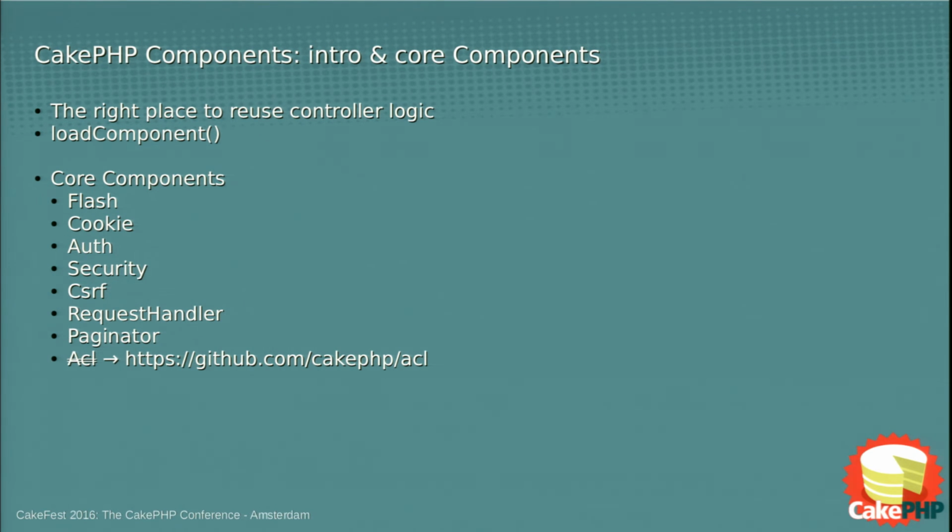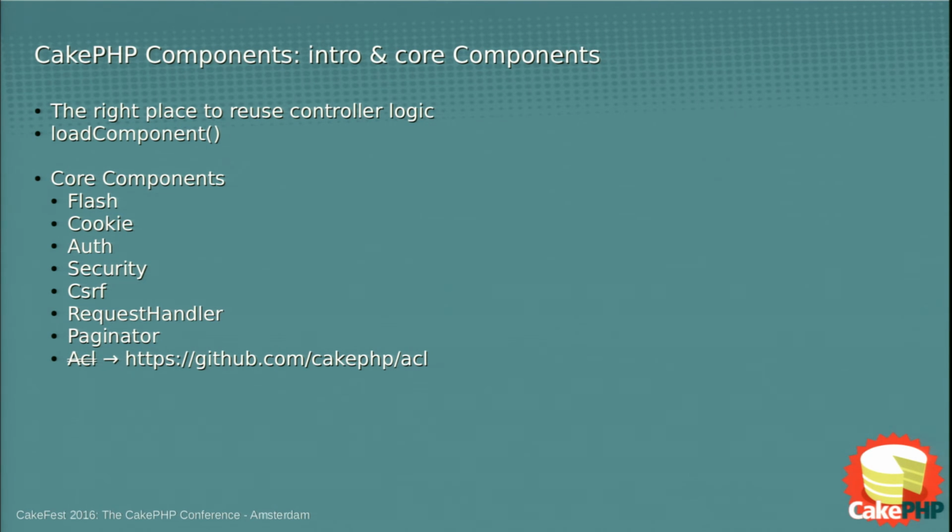We did use Auth yesterday for doing a quick example for logging in and using those fallback passwords, etc. Then we have Security, CSRF components, request handler, paginator, and the ACL component that was moved to a specific plugin under the CakePHP umbrella.